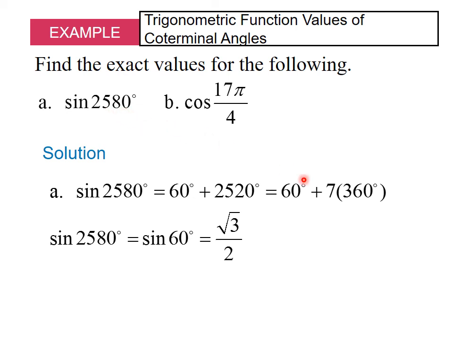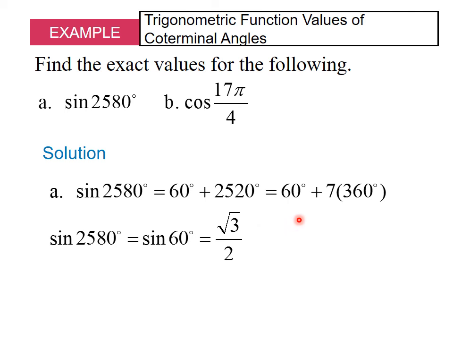So that means there are 7 revolutions of 360, and now the only question is, what's the extra? The extra is what we need. Once we figure that out, instead of 2,580, it's going to be the same thing as sine of 60, which is square root 3 over 2. Okay, are we good there?